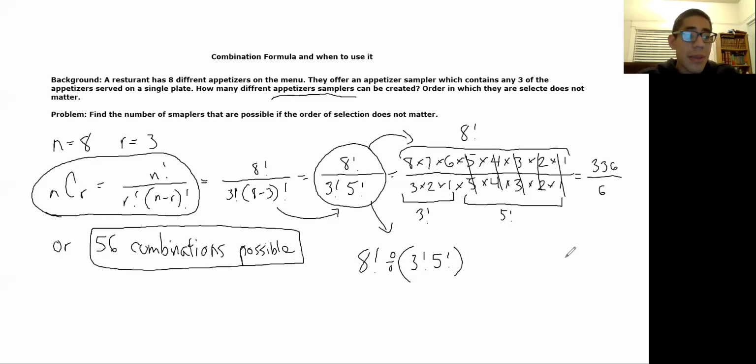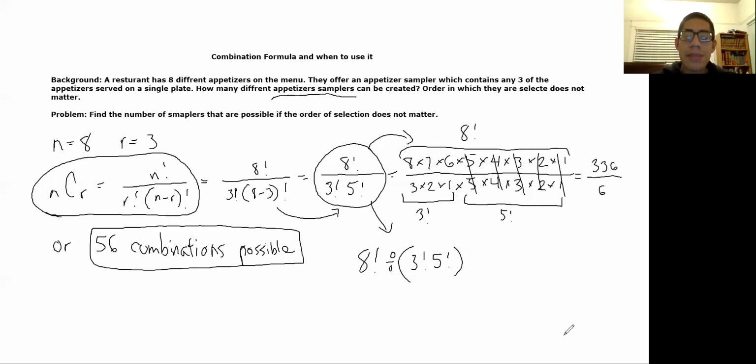That's significant to know because that means you have a lot of options. How many? Well, 56 in this case, but if we mess with the numbers, even if they added just one more option on the menu, that would drastically change the number of possibilities or combinations in this case.